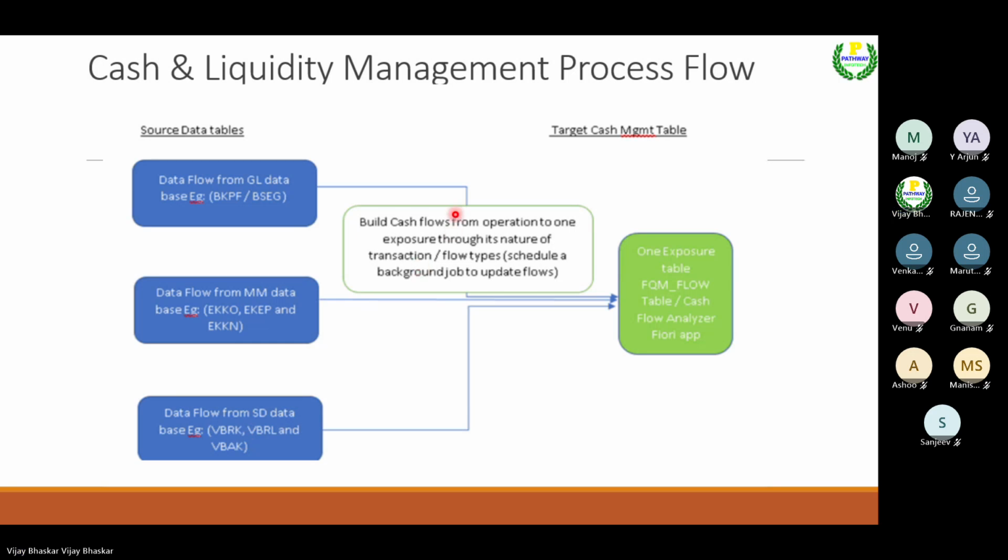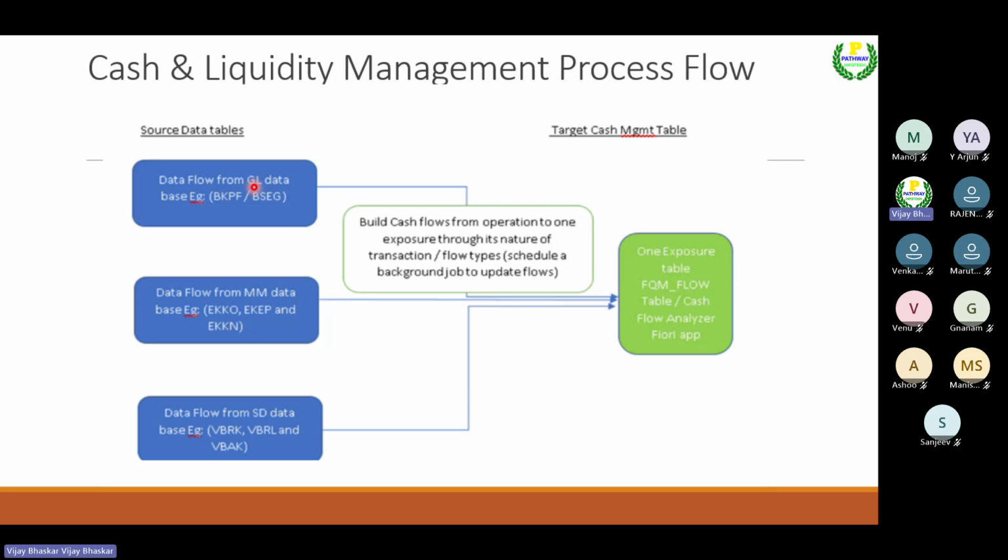Then what will happen? First, the data will be operational transactions from the various sources, various database tables or various transactions. It could be a customer invoice or vendor invoice, or FI transactions.